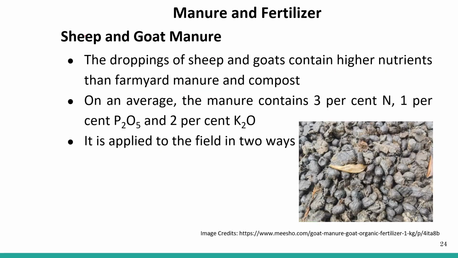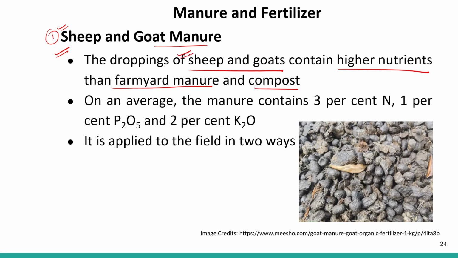Okay, so we have different forms of manure. One can be prepared from the waste of sheep and goats, and that is called sheep and goat manure. The droppings of sheep and goats contain higher nutrients than farmyard manure and compost.